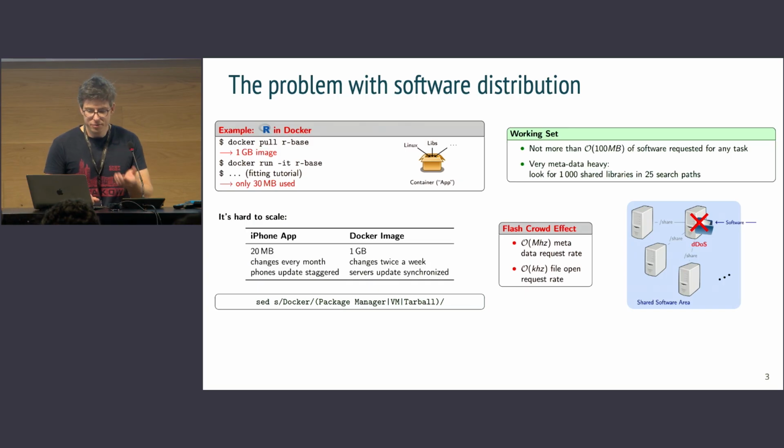If you run the minimal working thing in this, which is a fitting tutorial, you use about 30 megabytes. And if you do some statistics, we see that this holds across a variety of containers: you tend to use about 20% of the actual data you download.